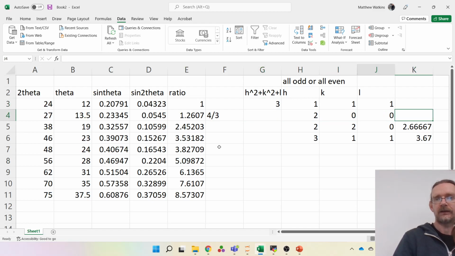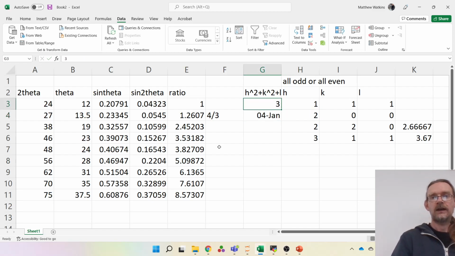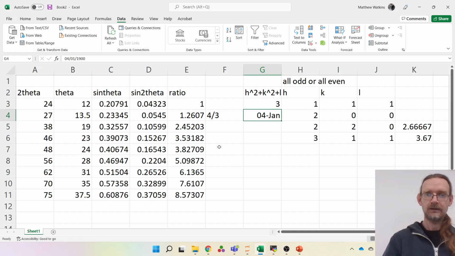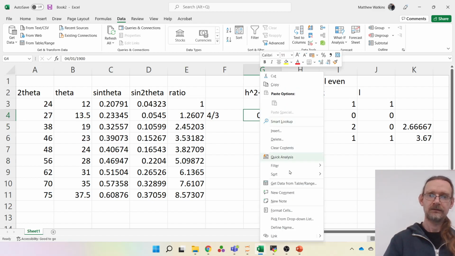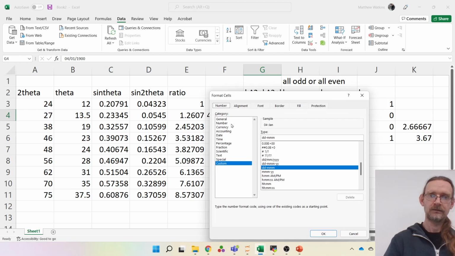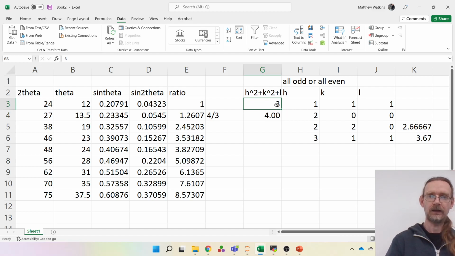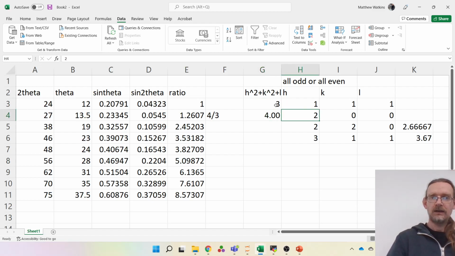The next allowed reflection has all odd or all even. I've had a long argument with my daughter about this, but we're saying 0 is an even number for these purposes. That gives 4.